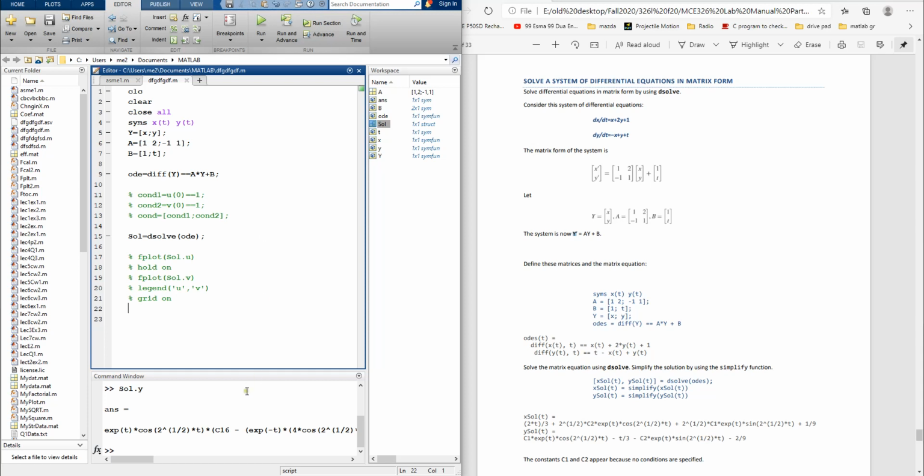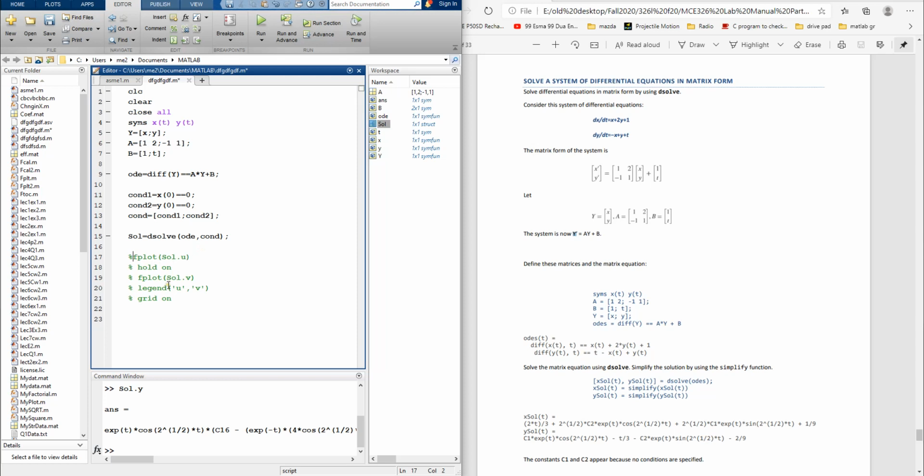As an example, say condition number 1 and condition number 2. Say that I have the value of x at 0 equal to 0, and y at 0 equal to 0 also. cond equals cond1, cond2, solution equals dsolve ODE, comma, cond. Okay?